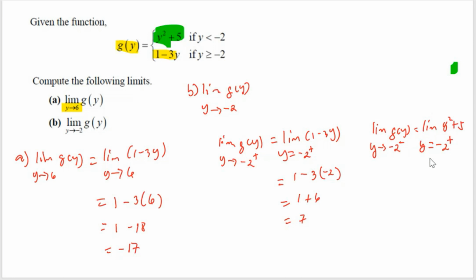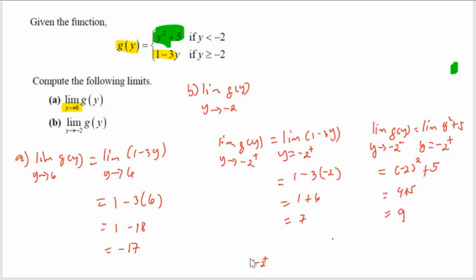Now, using the properties of limits, we have the limit of y squared as y approaches negative 2, so we have negative 2 to the power of 2, plus the limit of 5, which is a constant, as y approaches negative 2. The answer is a constant, so this is now 5. Simplify that one. The square of negative 2 is 4, plus 5. Therefore, the answer is 9.